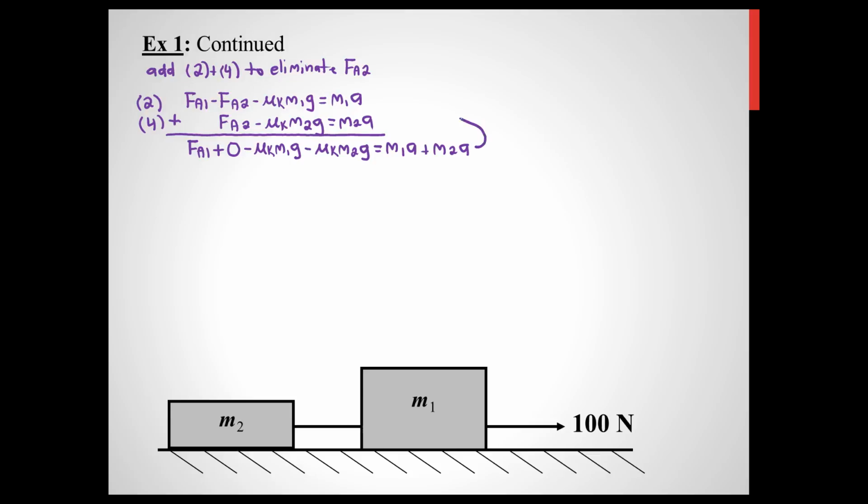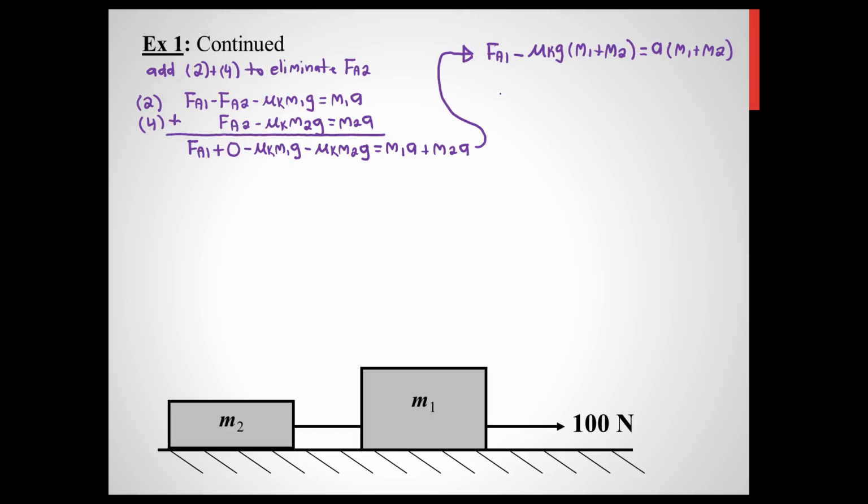All right, let's just do the work up here. I'm going to simplify both sides of the equation by factoring. On the left-hand side, I would have fa1 minus, in the terms mu k m1g and mu k m2g, I have two common variables, that's mu k and g. So if I factor that out, mu k g, I would then have m1 plus m2. And on the right-hand side of the equation, if you factor out the common a, you'd have m1 plus m2.